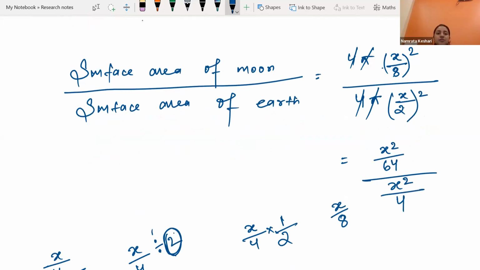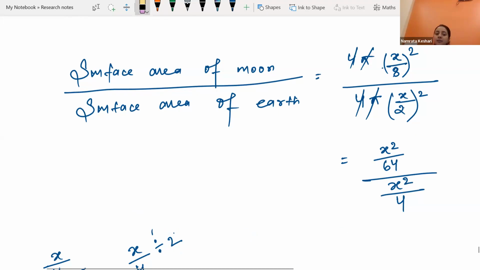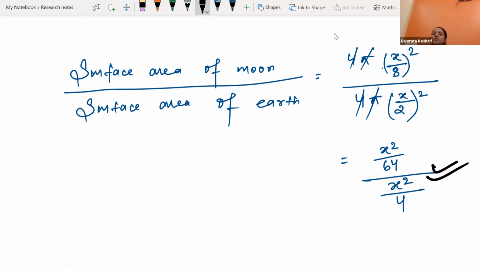Any confusion so far? No, ma'am. Okay, now again we'll be using the same concept. In the numerator a fraction is there, in the denominator a fraction is there. In this class, here and there, you will face such a scenario where fraction by fraction or fraction by whole number appears. But in the next class, class 10, there are so many questions.